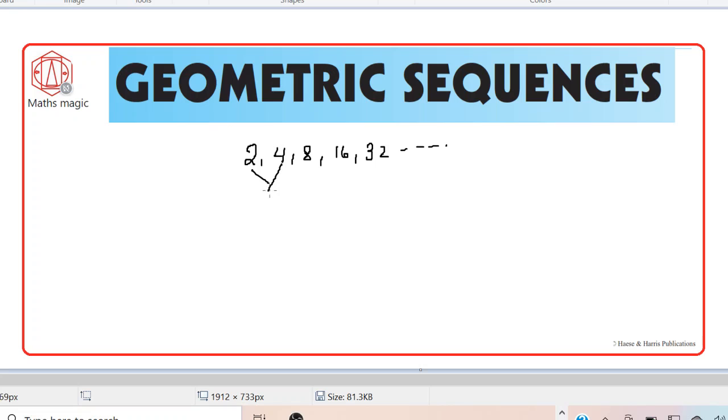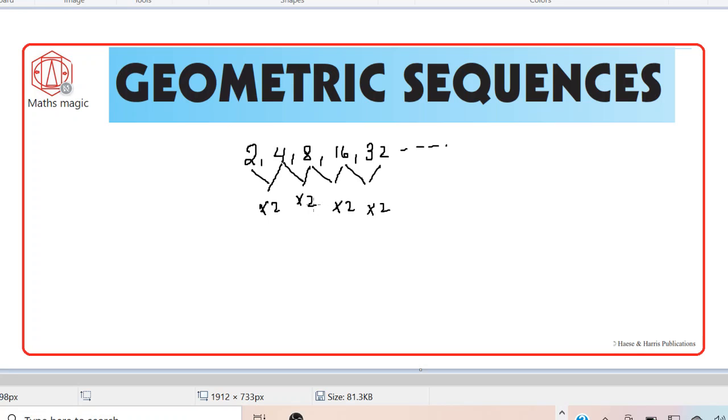You can see that to get the next term, you have to multiply the previous term by 2. If you keep multiplying by 2 constantly, you get the next term. This is the pattern over here.